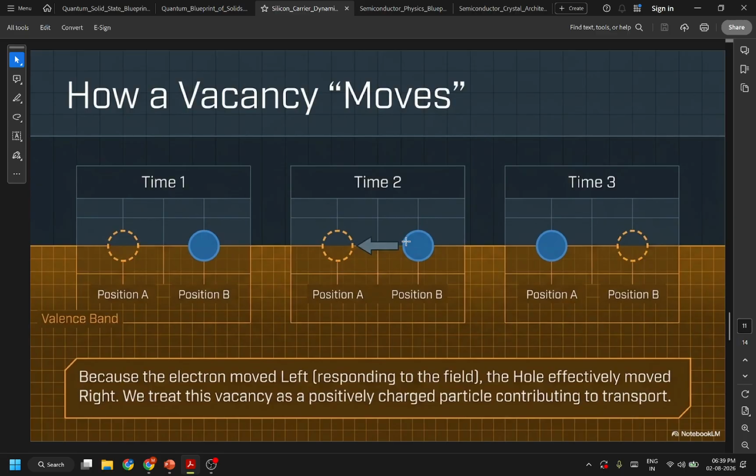Then the electron from position B will travel to position A, which will result in an electron at position A and a vacancy at position B. So you can say that the hole has moved from position A to position B. Because the electron moved left, responding to the field, the hole effectively moved right. We treat this vacancy as a positive charged particle contributing to transport.